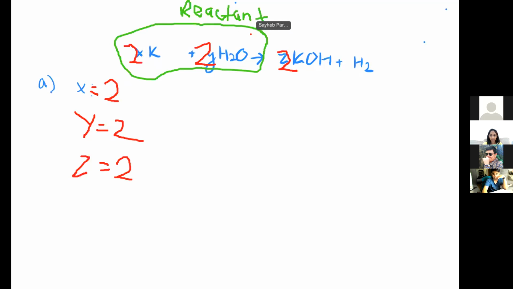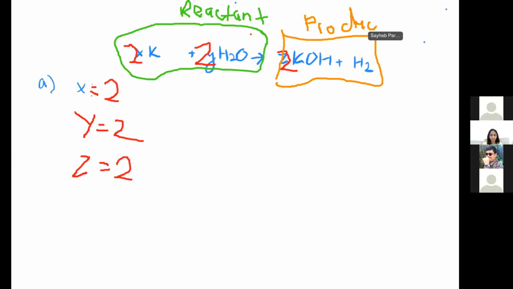This is your reactant, and after the arrow will be your product. Okay, so let me write down the answer.